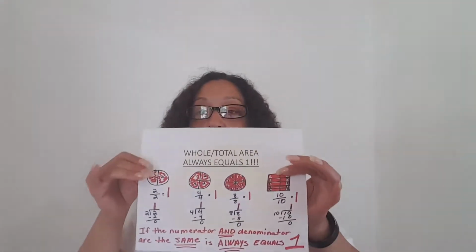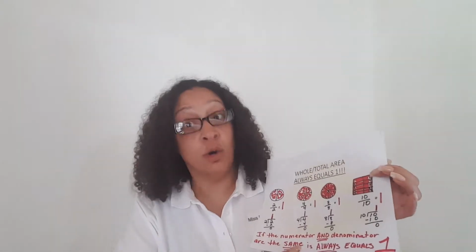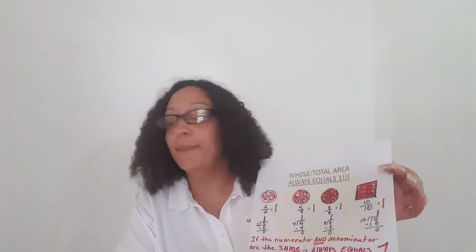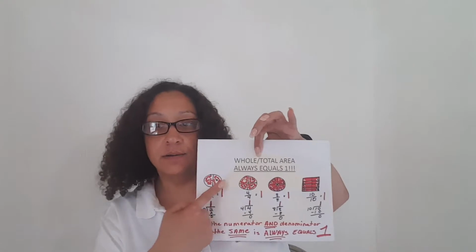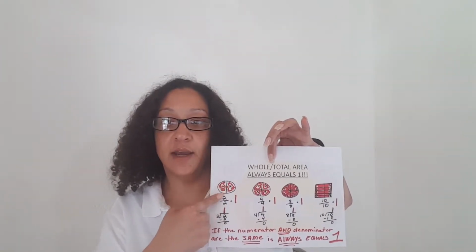Anywho, so I wanted to talk about the whole or total area. The whole of a whole equals a 1, period. So here you have a circle with two parts. 2 shaded areas, numerator, 2 total parts, denominator, equals 1. It doesn't matter how many you have. So here, this one has 4. So 4 shaded areas and 4 parts all together.